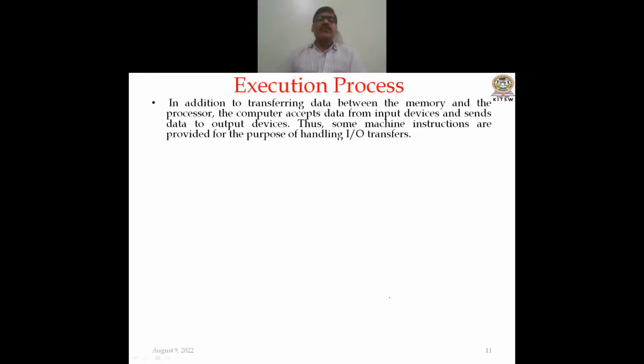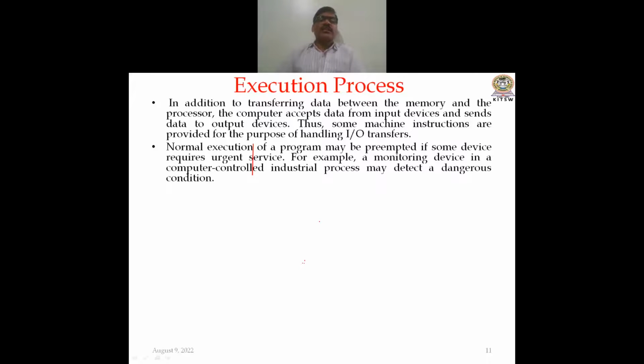In addition to transferring data between the memory and the processor, the computer accepts data from the input devices and sends data to the output devices as a result. So some machine instructions are required for transferring data from the input device to the output devices. That is done through IO transfer.